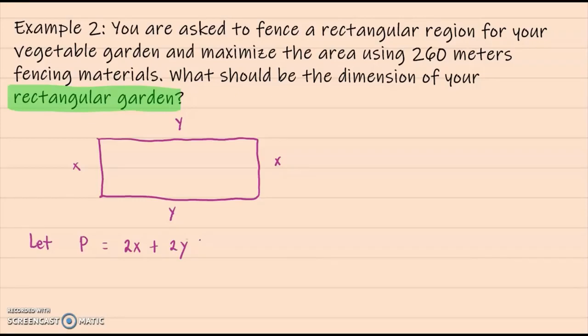And since we are using 260 meters of fencing materials, that 260 meters is already our perimeter. So we will write 260 is equal to 2x plus 2y. And again, this equation that we have here is our constraint.